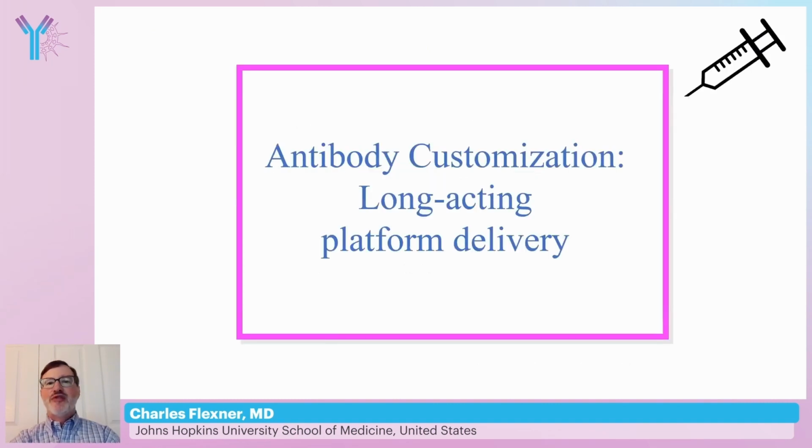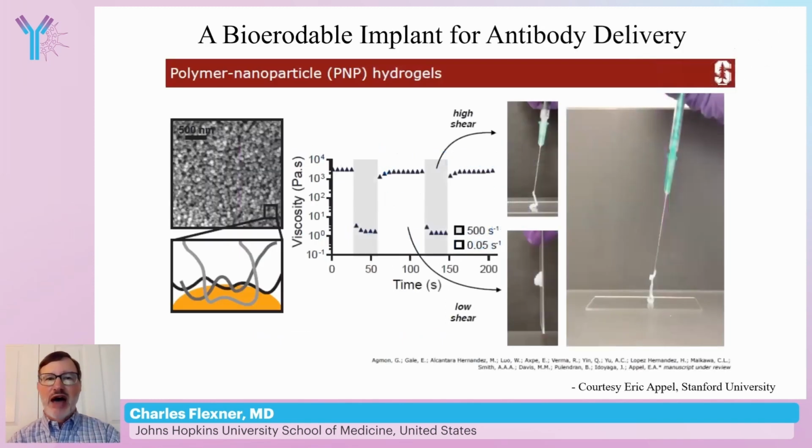Now, I want to mention that it may be possible to extend the half-life of antibodies not through mutations in the antibody itself, but through long-acting platform delivery. And here is an example of that using a bioerodible implant that was specifically designed for monoclonal antibody delivery that was developed by Eric Appel at Stanford University.